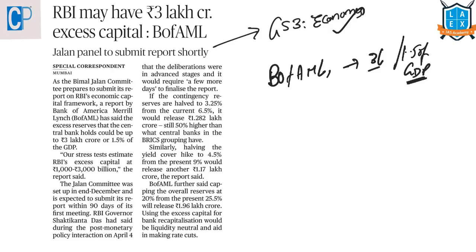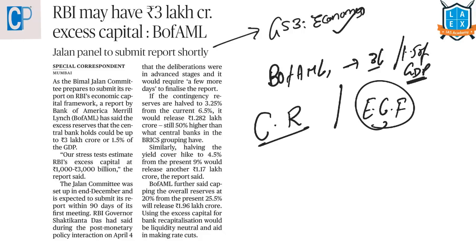So now, from the prelims point of view, from this article we are going to see about two things. One is what is meant by contingency reserves and economic capital framework. What is this Bimal Jalan committee related to?